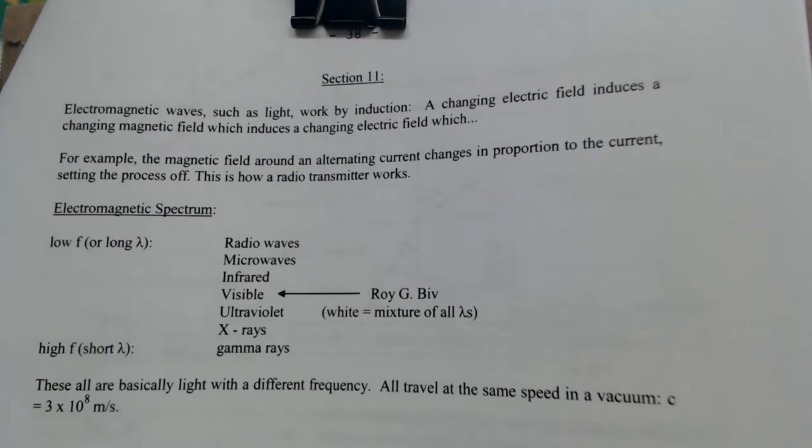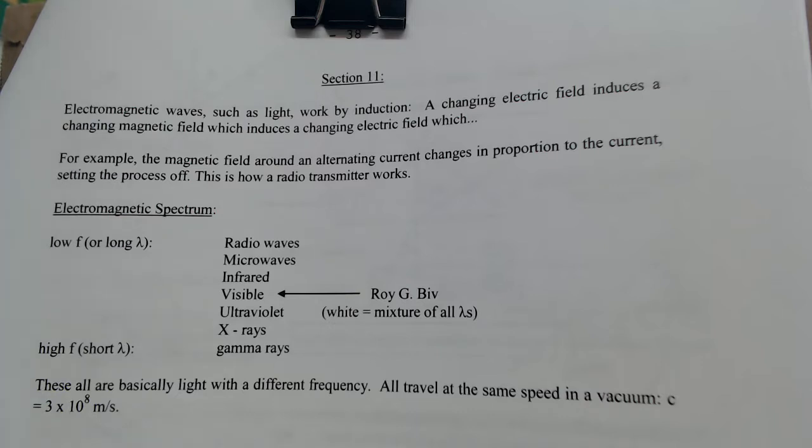So as the current in a radio transmitter, for example, is constantly changing, the magnetic field around that wire will constantly change in proportion to the current. So there you have a changing magnetic field.